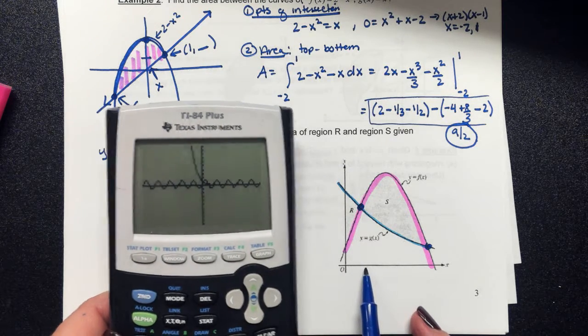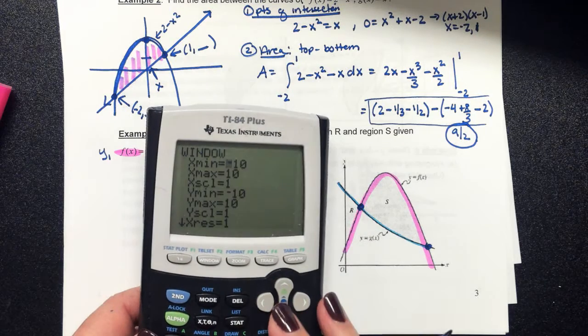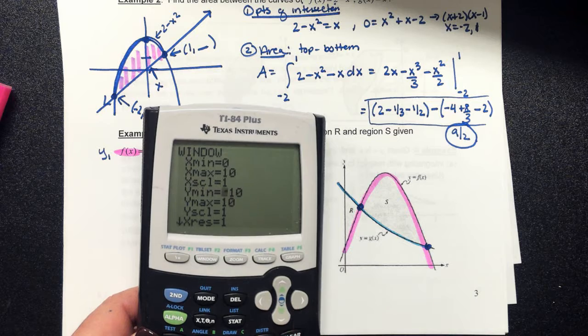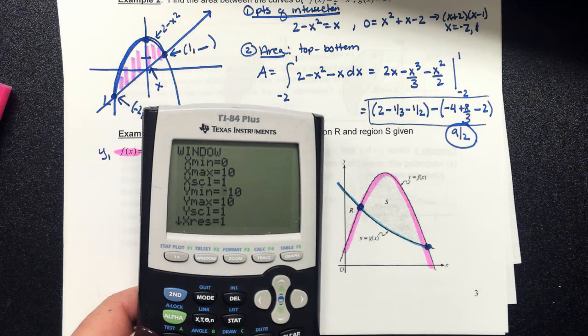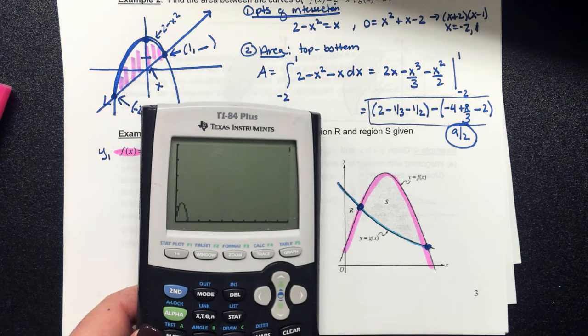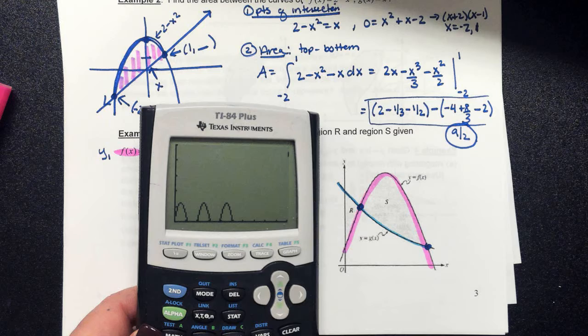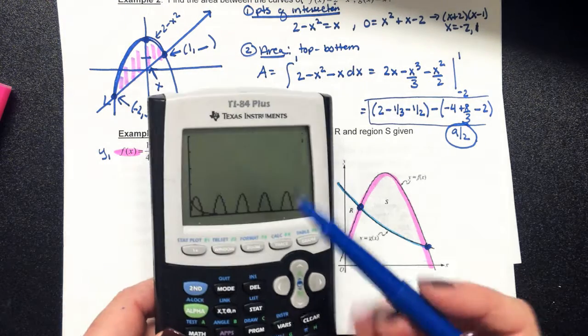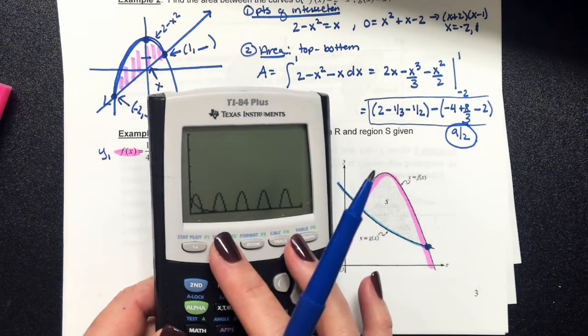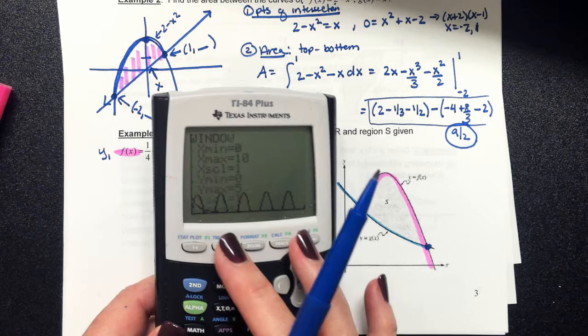So I'm going to readjust my window. I'm going to go to my window, do an x min of 0, x max of 10. I'm going to shrink down my y min a little bit and go from 0 to 5. So you can see this is the region I'm actually looking at. I'm going to shrink my x max down a little bit so I can look at the graph a little better.